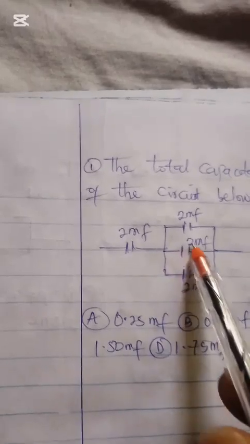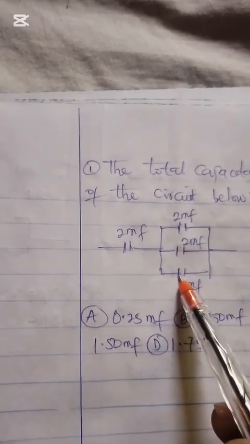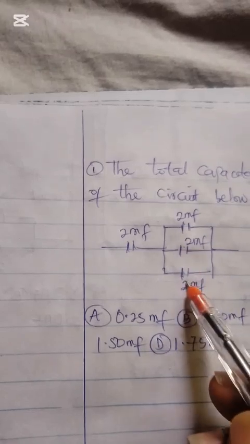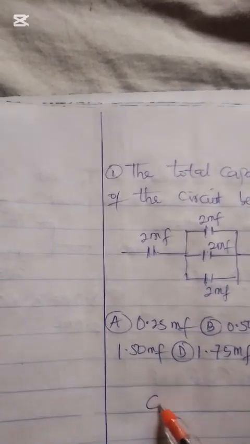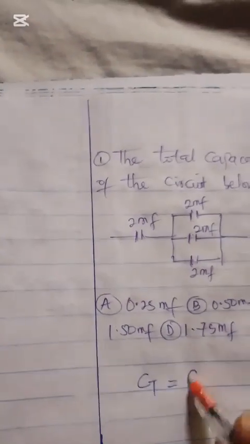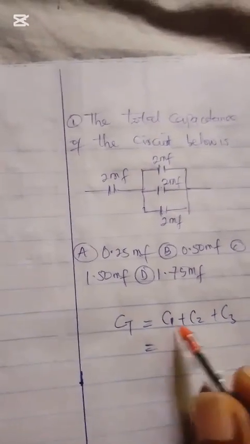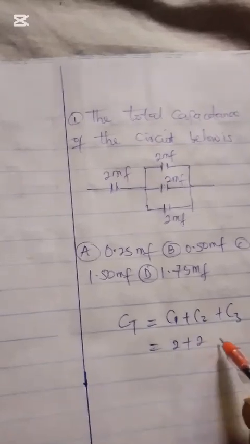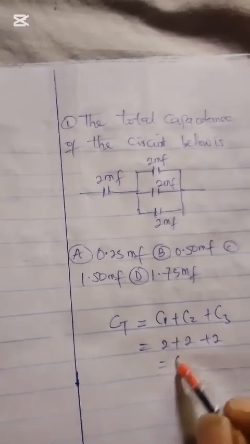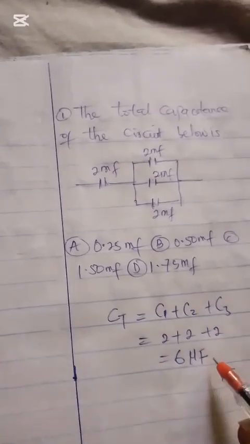If you look at this particular question, these 1, 2, 3 are parallel to each other. So I first of all calculate the parallel capacitance. For parallel, it is just C1 plus C2 plus C3 from what I just explained. So the total capacitance will be 2 plus 2 plus 2, which will give us a total of 6 microfarad.